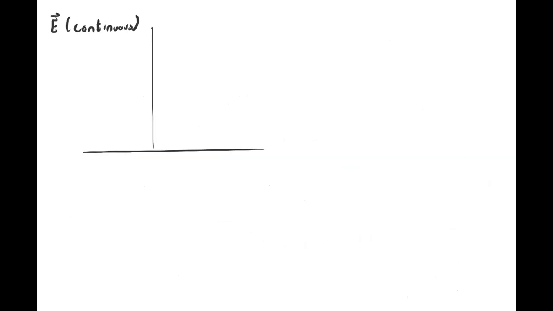So I considered a finite wire of length 2L, which has a linear charge density, lambda, that of course has units of coulombs per meter.